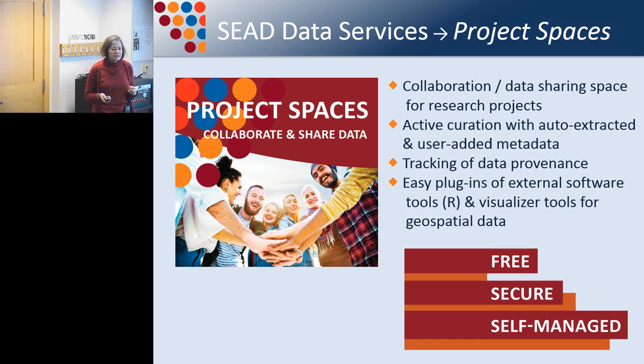We track the provenance of data, so when a new file is created as a version of two different files, for example, we track back to the source where they were extracted from.